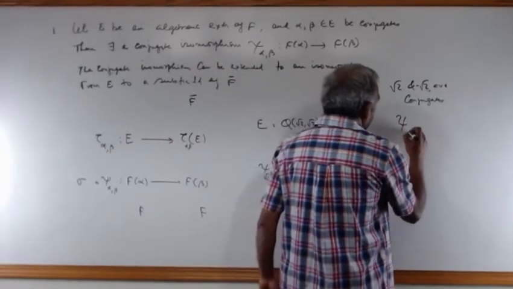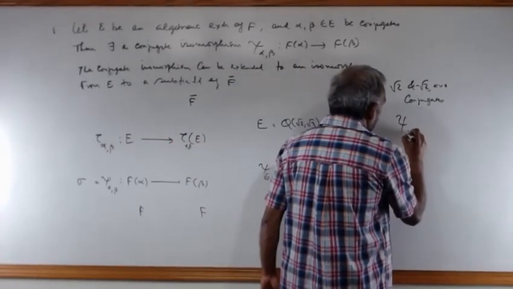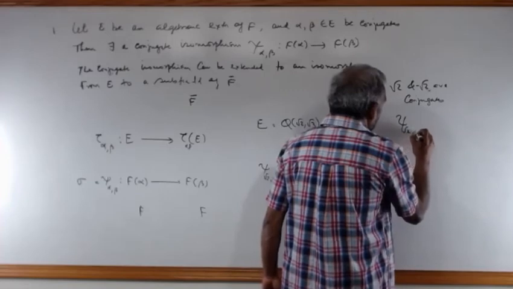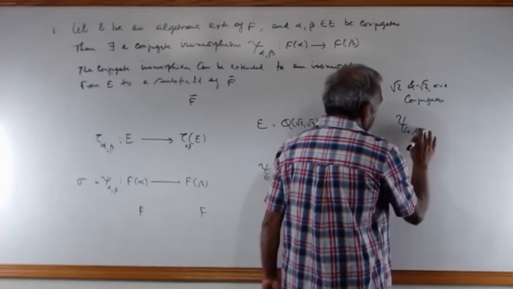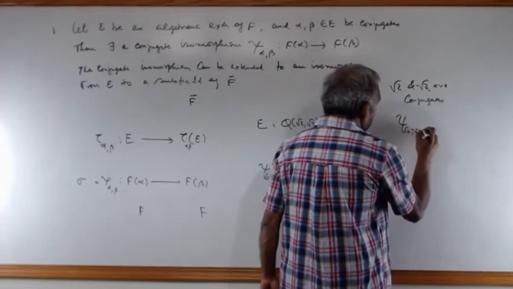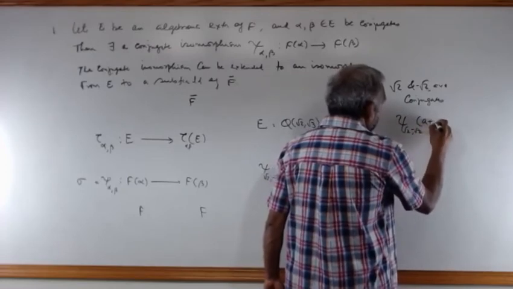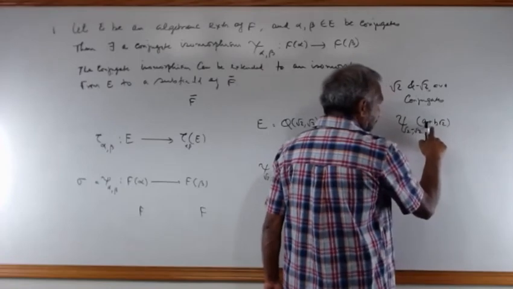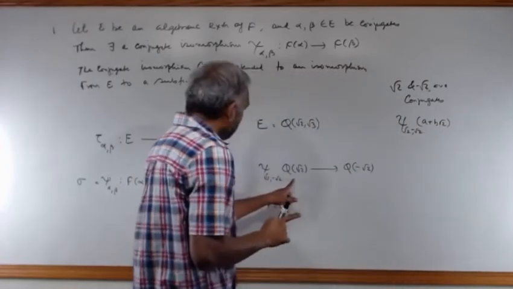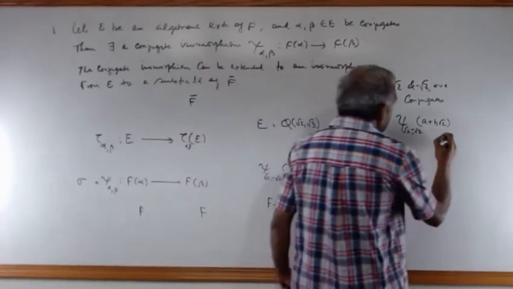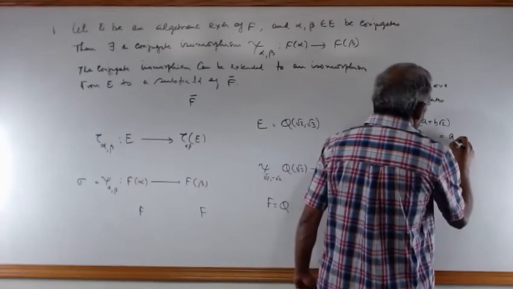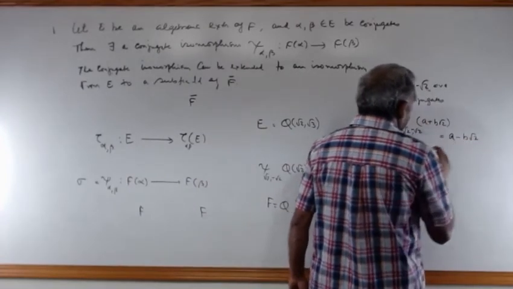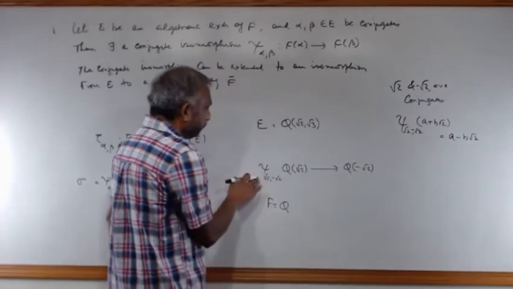Psi of a plus b root 2, because this is the general element in Q root 2, is equal to a minus b root 2. So that is the definition of this.